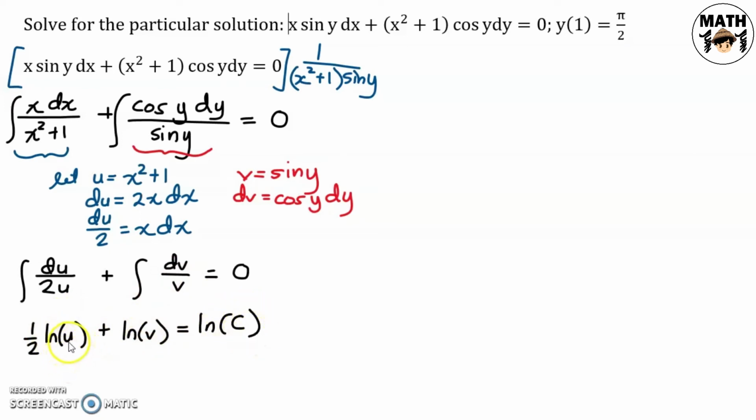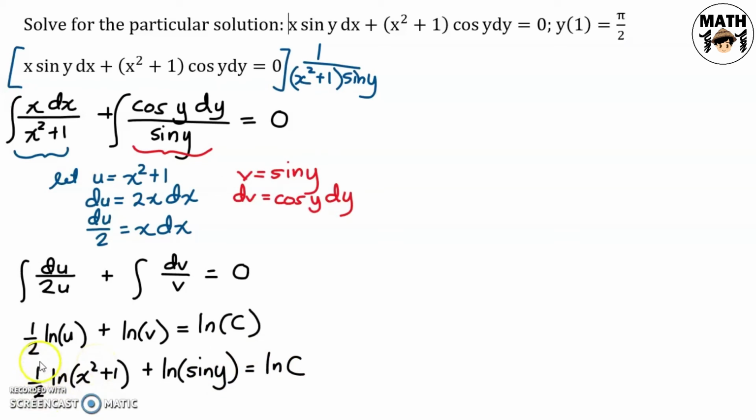So, palitan natin ngayon yung u ng x squared plus 1 and v ng sin y. 1/2 ln of x squared plus 1 plus ln of sin of y, that is equal to ln of c.